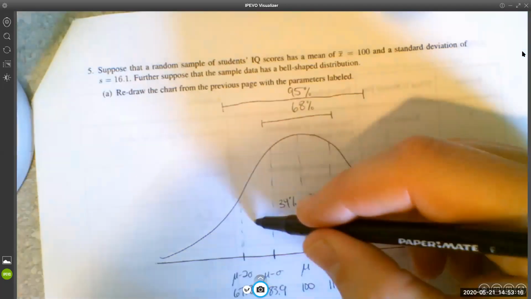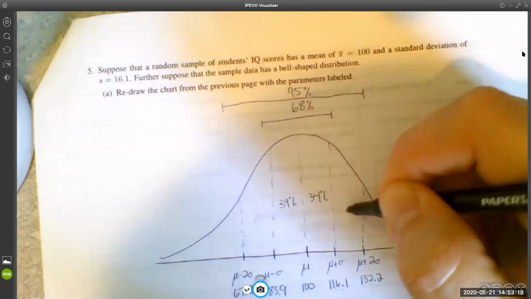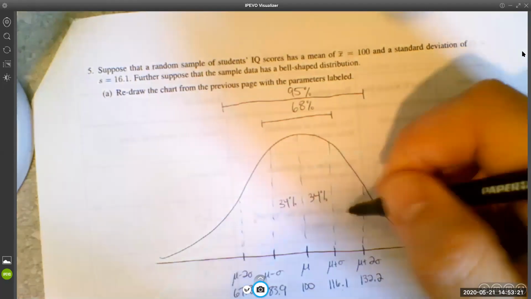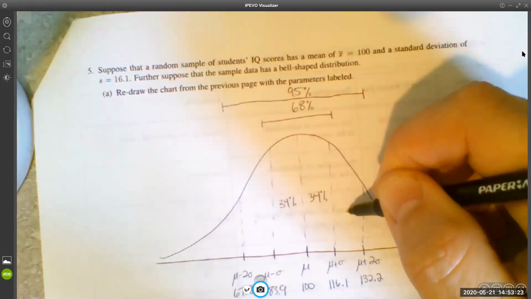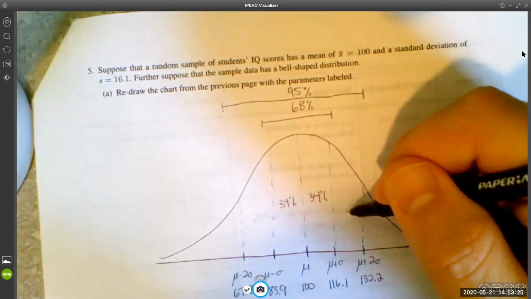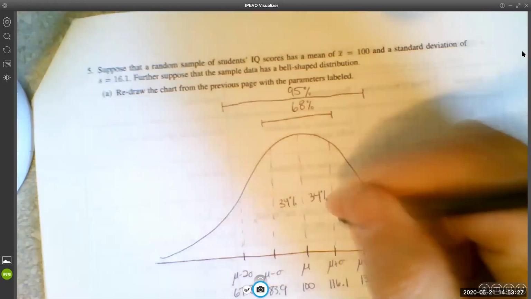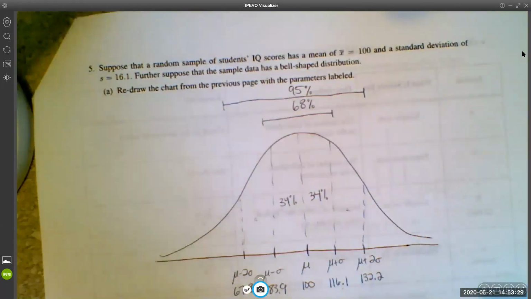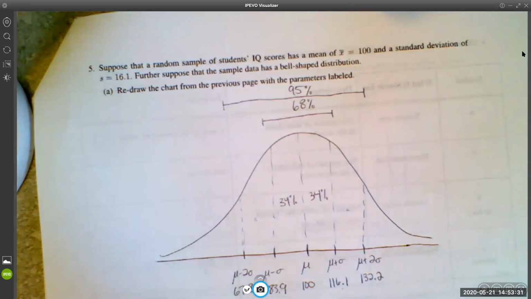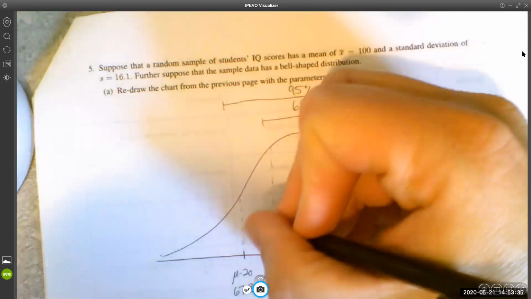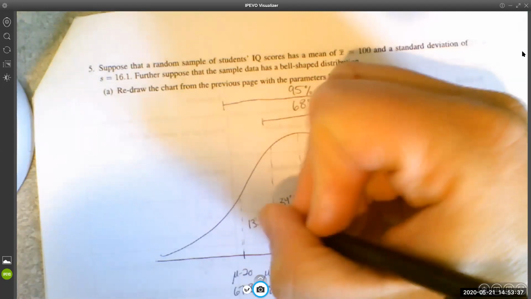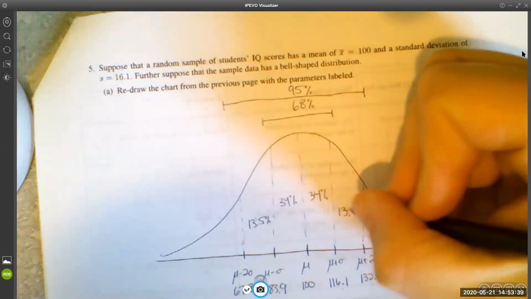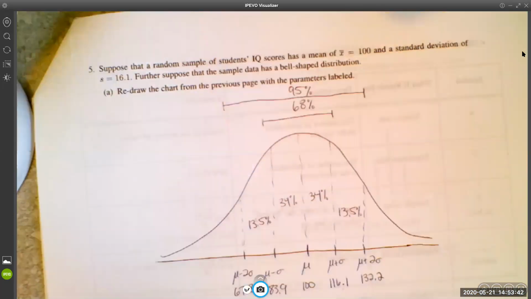So 27% of it is in these two locations, okay? But it's equally split because this is a symmetric distribution. So 27 divided by 2 is 13.5. So 13.5% of data is here, and 13.5% of data is there.